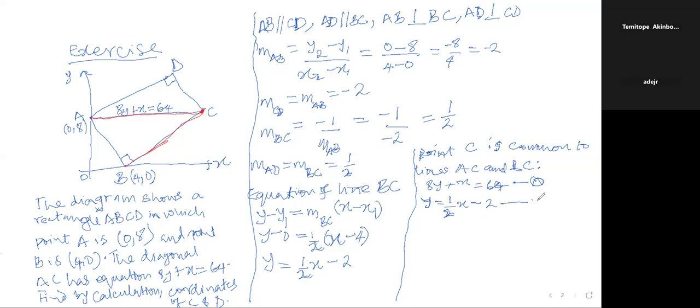Call that equation 2. So we have this simultaneous equation to solve. From your previous knowledge of simultaneous equations, which method do you want to use to solve this? The choice is yours. So just tell me which method will be appropriate for us to use.